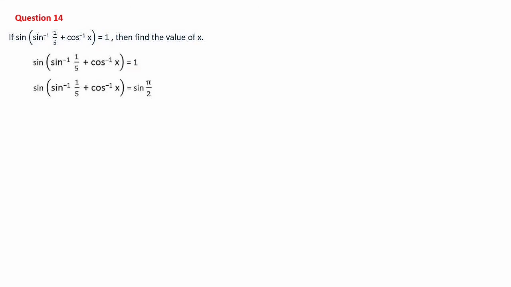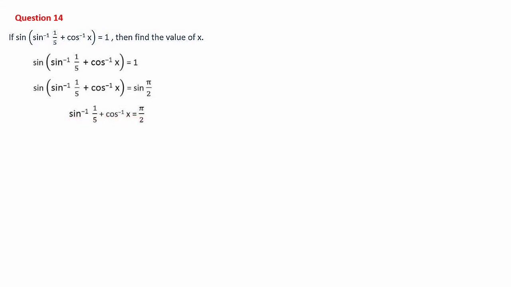Now the left side also has sine, the right side also has sine. That means these two terms will be equal inside the bracket. Sine inverse 1 by 5 plus cos inverse x is equal to pi by 2, we can take. Let's write that one. Now this is in the format sine inverse x plus cos inverse x is equal to pi by 2.